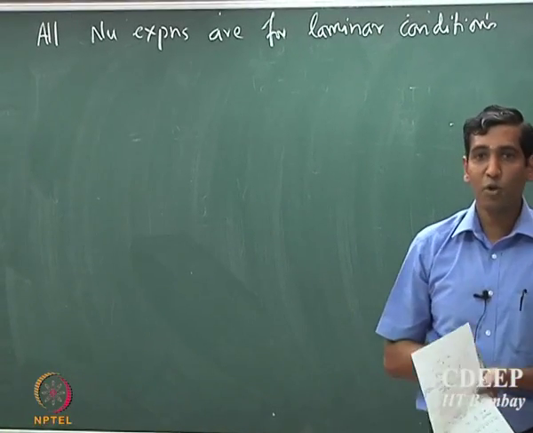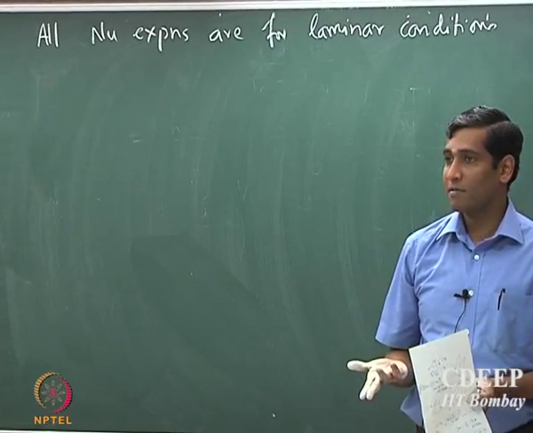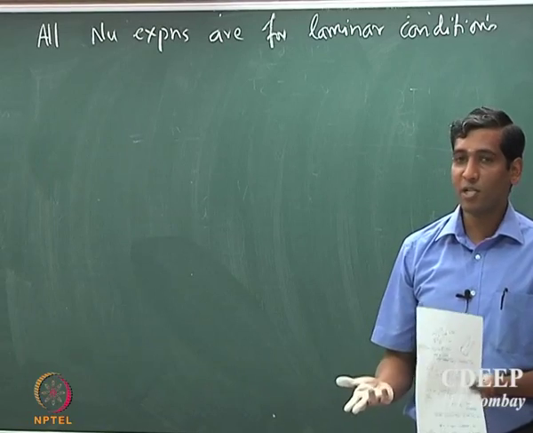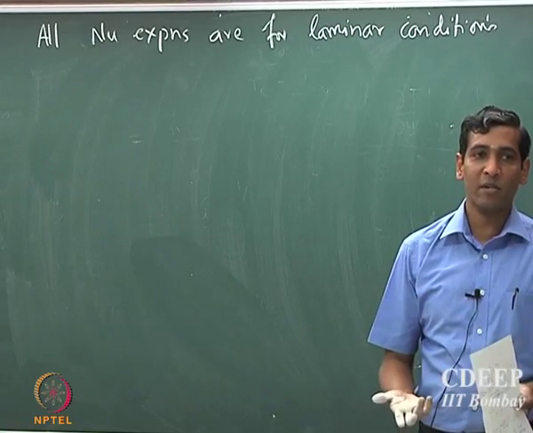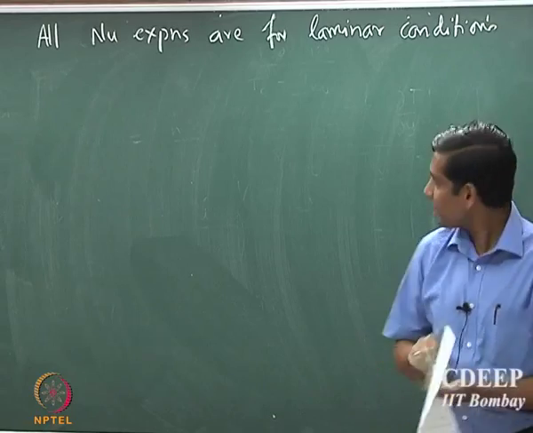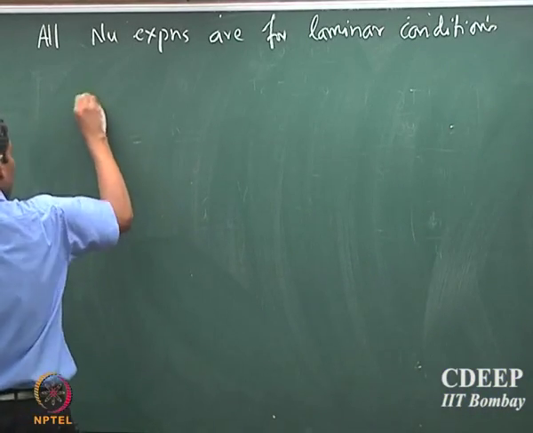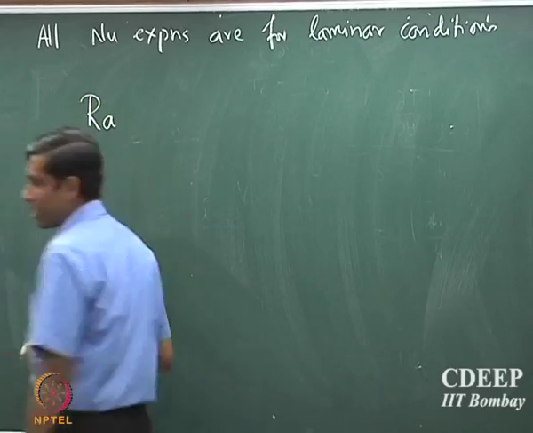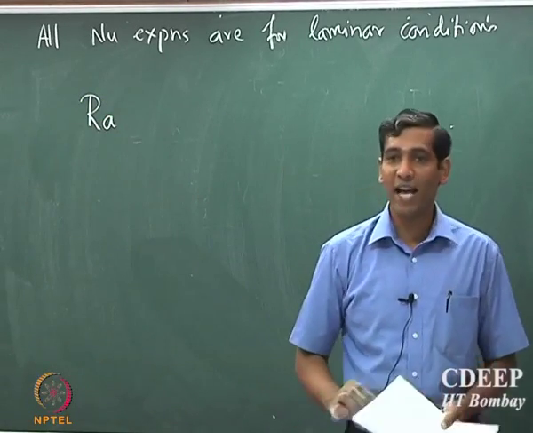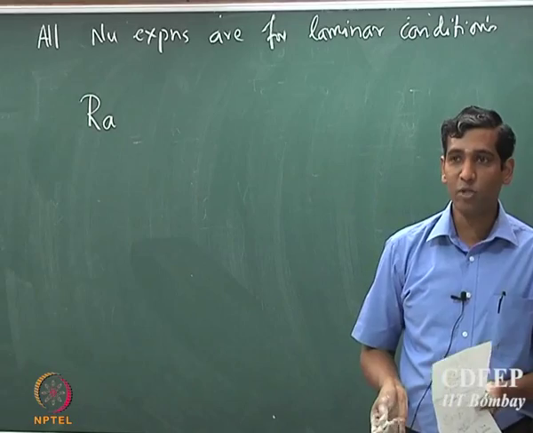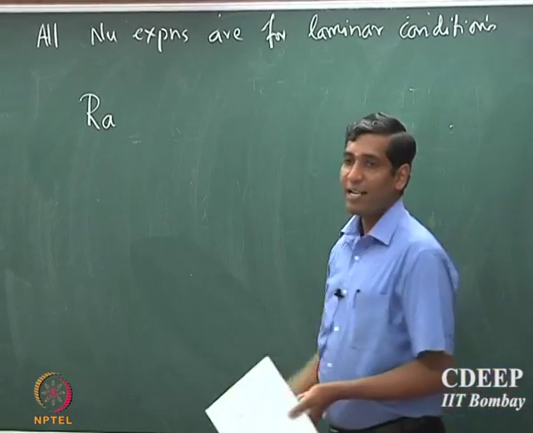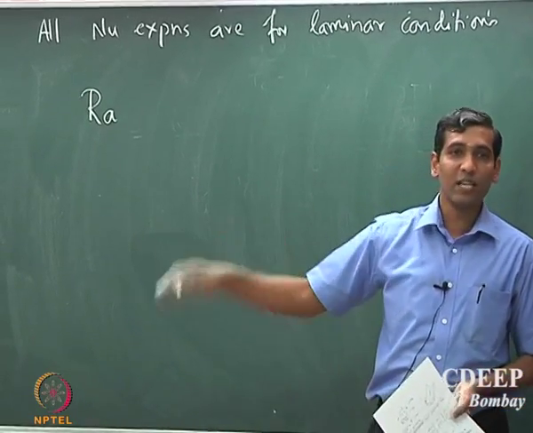Remember that there is no reference velocity. So the question comes as to how I define what is laminar and what is turbulent. A new dimensionless quantity called the Rayleigh number is used for distinguishing laminar and turbulent conditions for these kinds of problems.